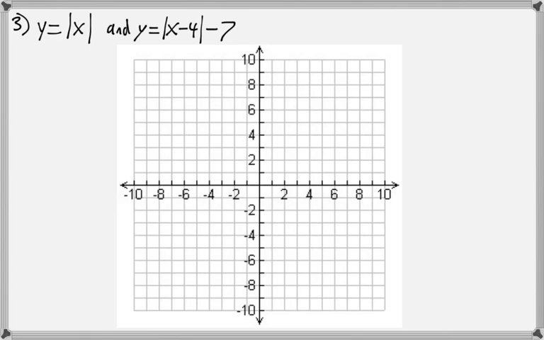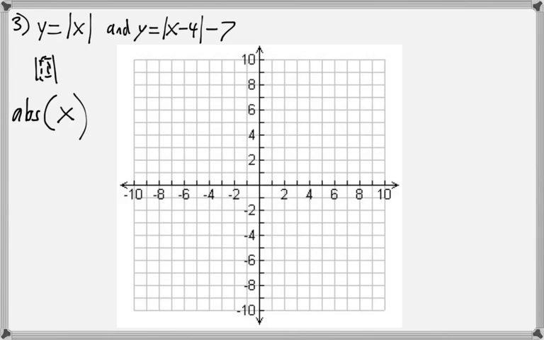Depending on your calculator, it may actually show up as the absolute value bars, like a dotted box, or it may just say ABS with a parenthesis, which you can put your x in and then close the parentheses. So it'll look one of those two ways in your calculator.